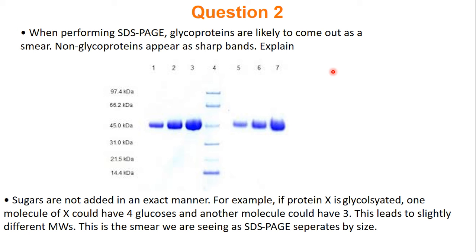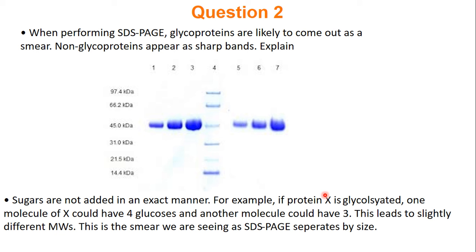Take any protein in the human body: your body is going to make it the same exact way every time, with the same number of amino acids. But when we add a sugar onto a protein, we don't add it the same every time. For example, if protein X is glycosylated, one molecule could have 4 glucoses and another molecule of X could have 3. Your body's just kind of random that way.